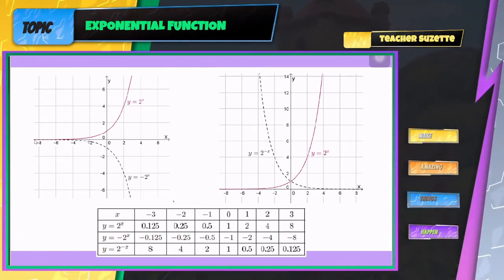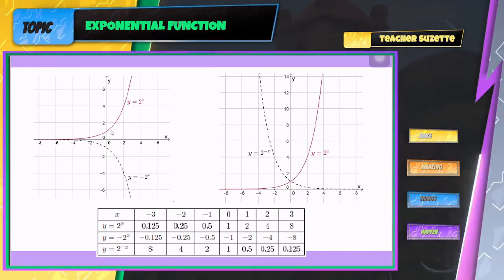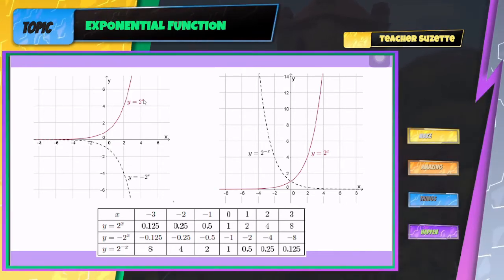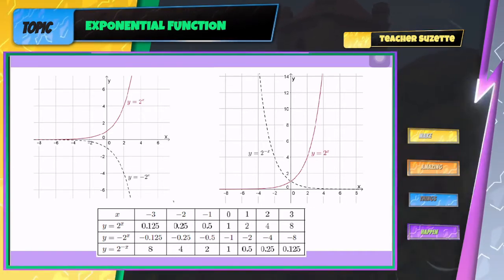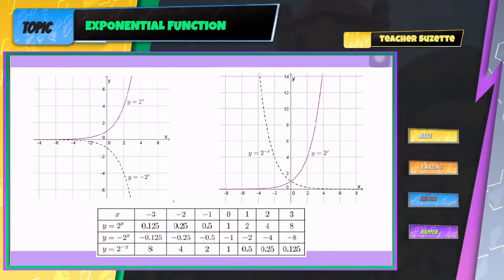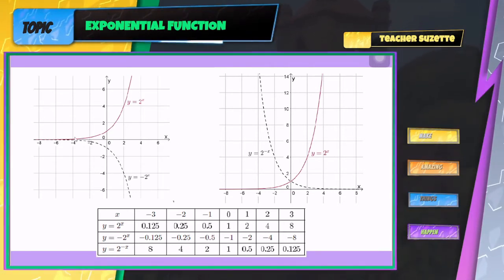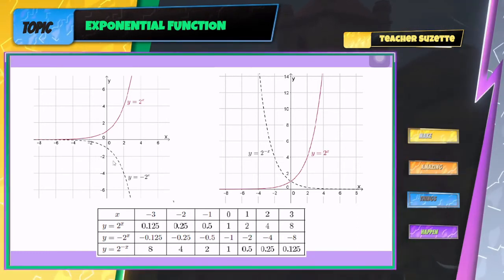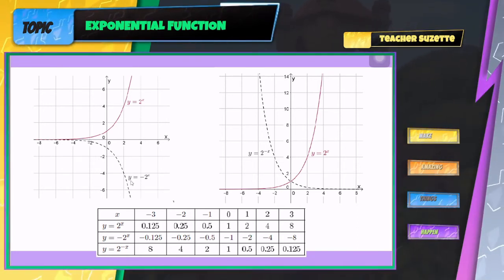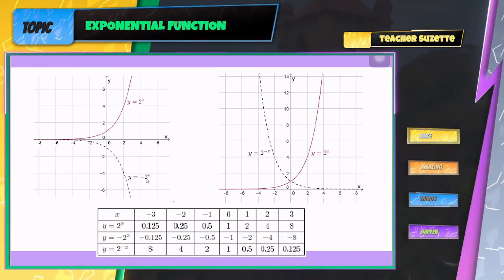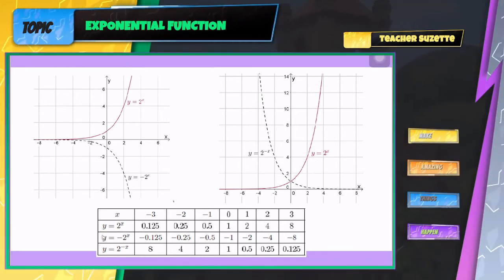With respect to our reference graph, y is equal to 2 raised to x, as you can observe, nagkaroon po ng reflection yung ating graph of y is equal to 2 raised to x about the x-axis. Ayan. So, about the x-axis, nagkaroon siya ng reflection, which is in the form of the function y is equal to negative 2 raised to x. Kaya po, mapapansin mo yung mga y coordinates niya, from positive, nagkaroon siya ng negative values.